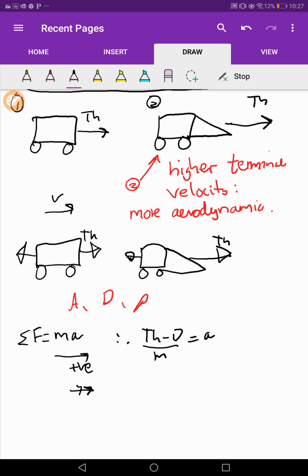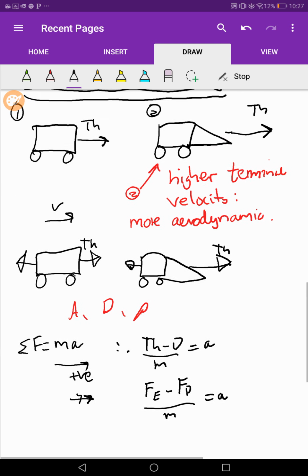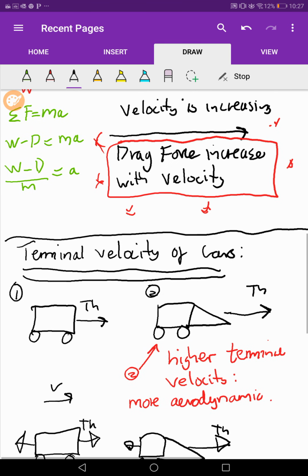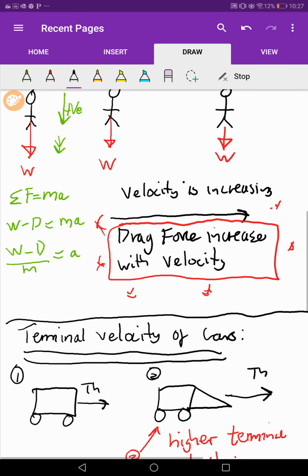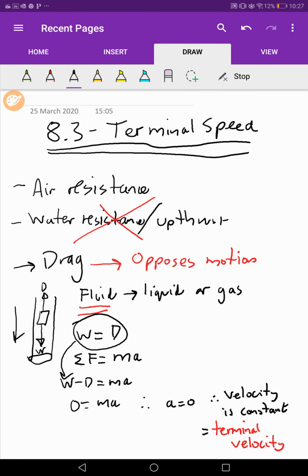Or the force of the engine minus the force of the drag, over the mass, is going to be the acceleration at any point. So that's why sports cars can go faster, or have a higher terminal velocity, as well as having a bigger engine, of course.